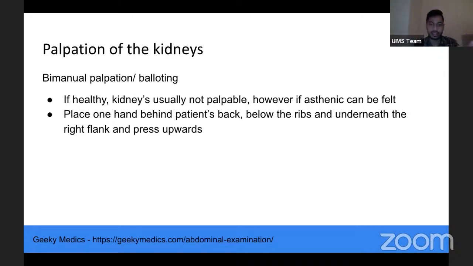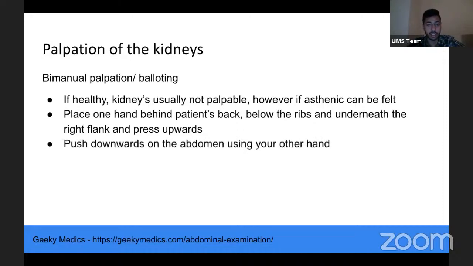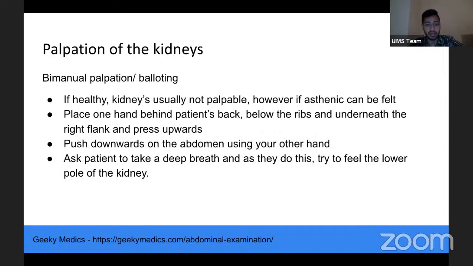And usually what we're trying to do here is feel the lower pole of the kidney whilst the patient takes a deep breath to assess the shape, size, and the consistency of the kidneys. We're trying to assess if there is enlargement of the kidney.